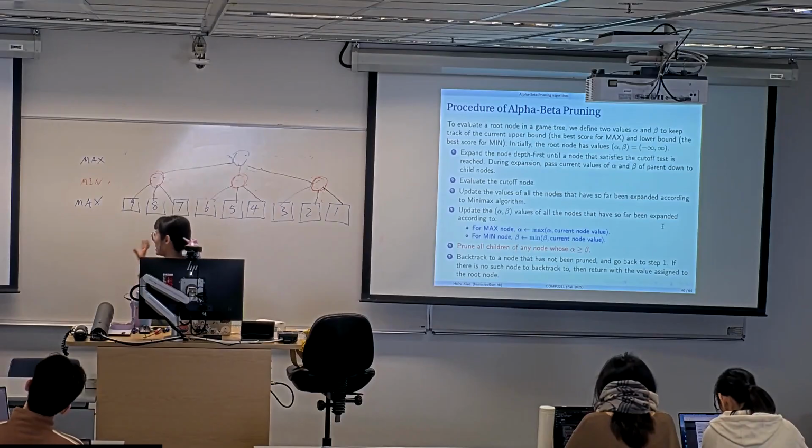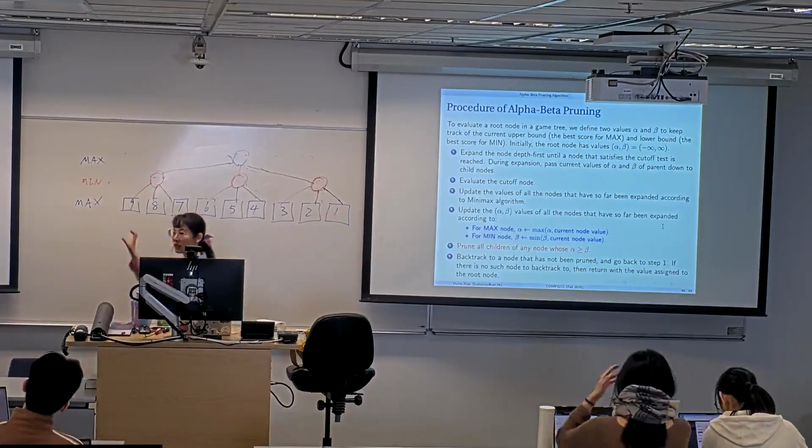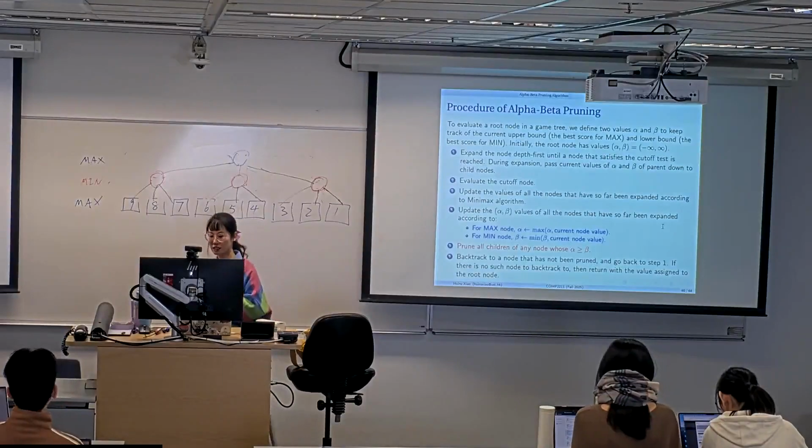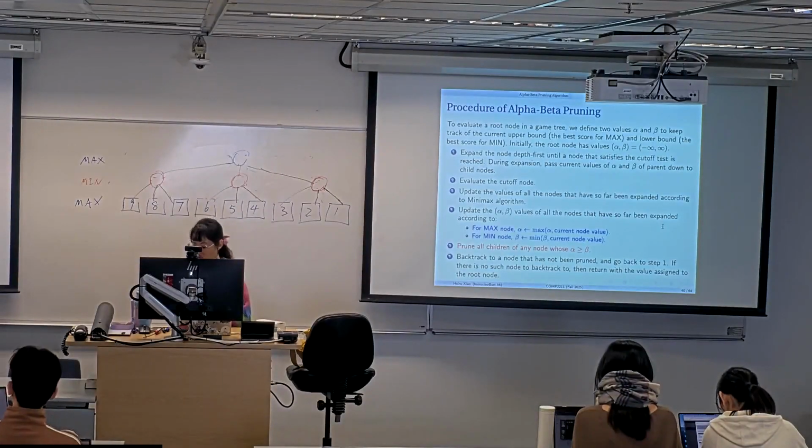Okay, this is a game tree, and we already know all the leaf node values. The leaf nodes were already estimated using the utility function. Suppose they already received the values like this. And next, we perform alpha beta pruning.